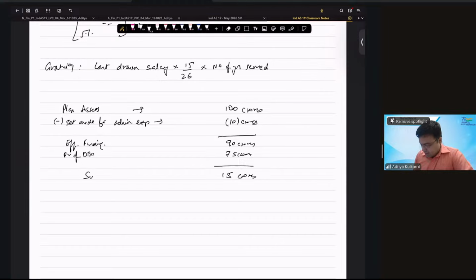I have a surplus of 15 crores. Now, tell me one thing. In your balance sheet, surplus of 15 crore, that is net defined benefit asset.